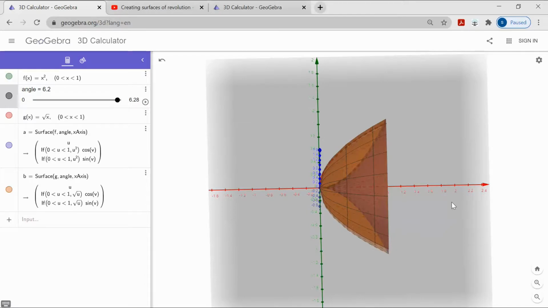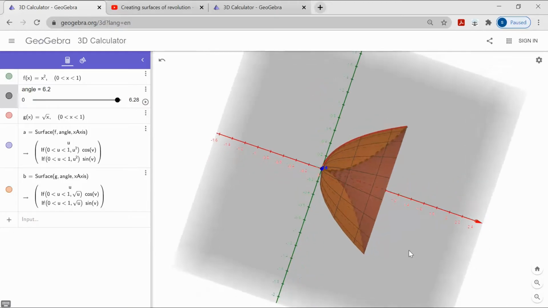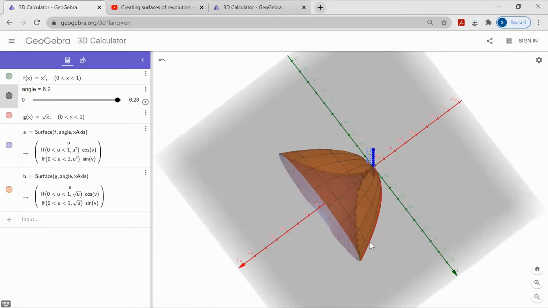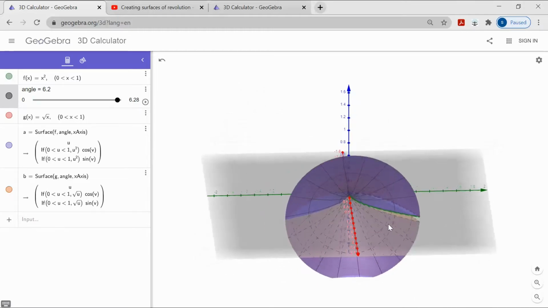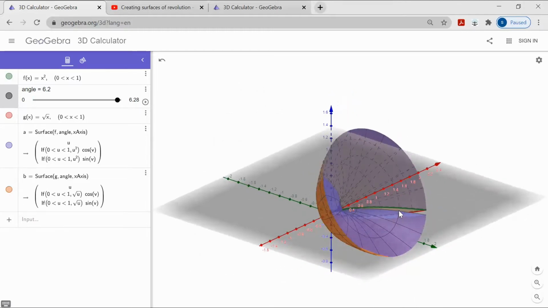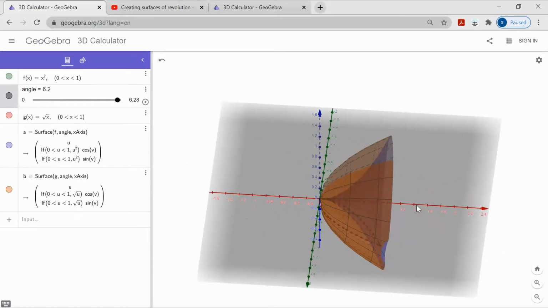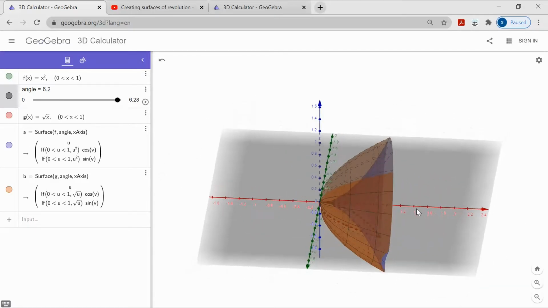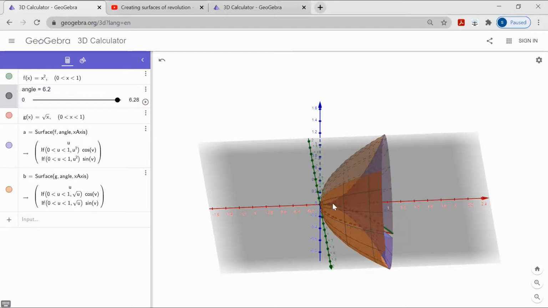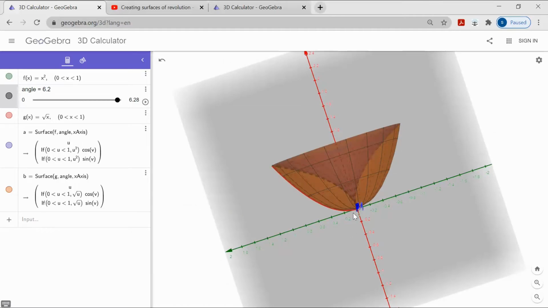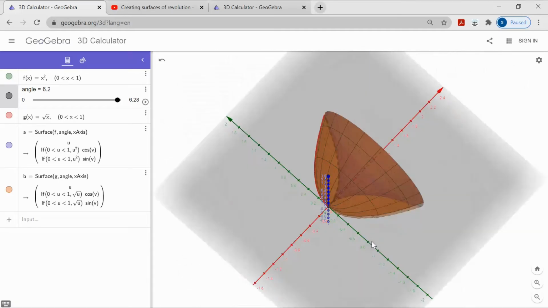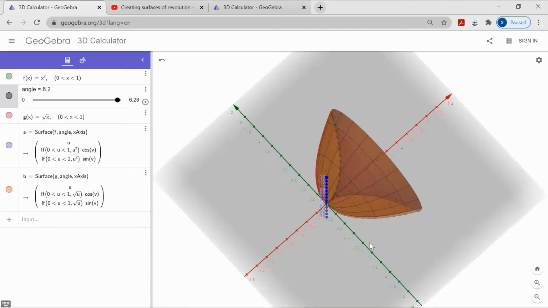If it's rotated around the x-axis, you will have this picture, as you can see right here, in a different direction. Here we go. We want to find the volume of this, which is this part right here. Sorry. All right, that's the idea. Let me just load it again so you can see.